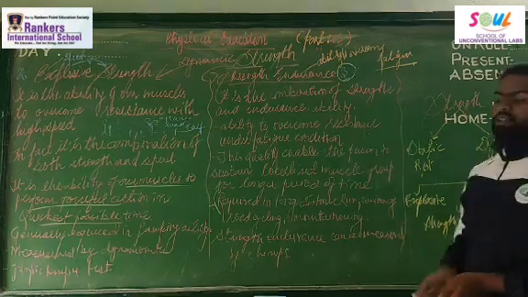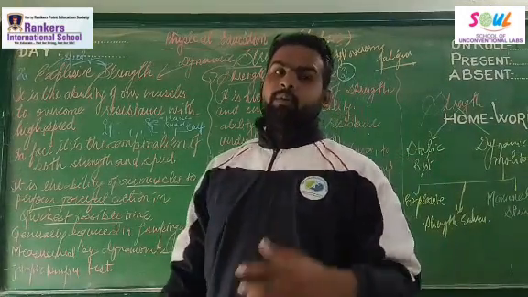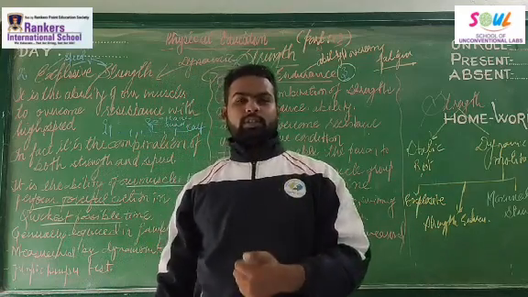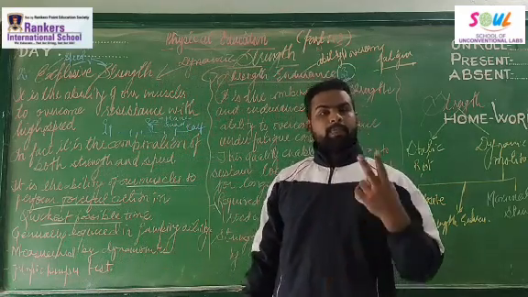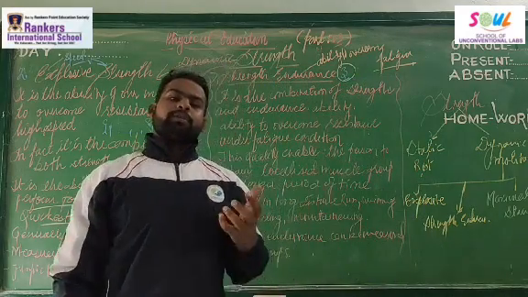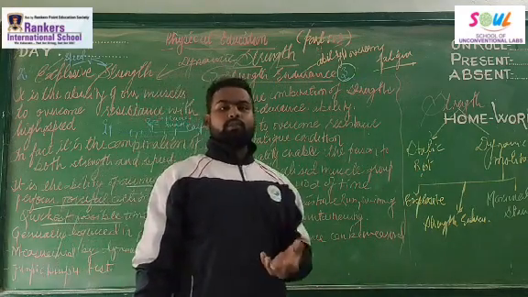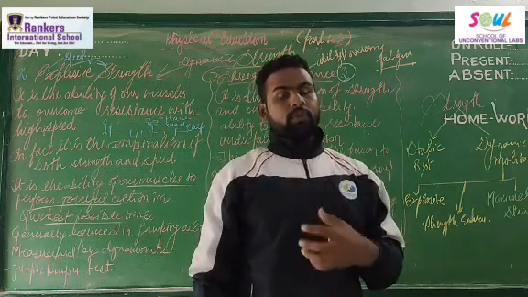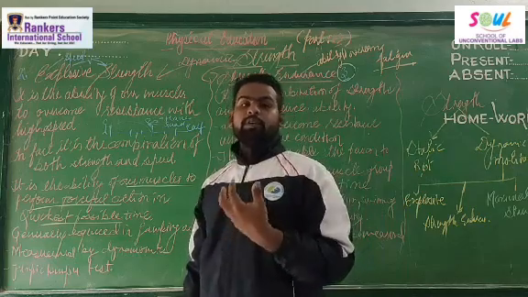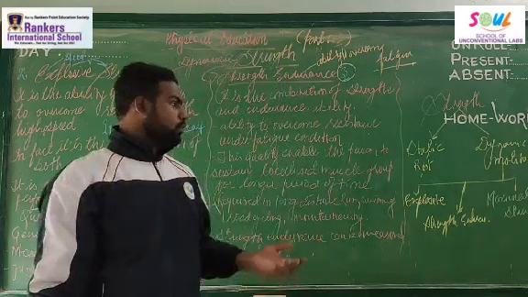So I hope you understand what exactly strength is, what the types of strength are, and what the types of dynamic strength are. Strength is the ability to overcome resistance. There are two types of strength: static strength and dynamic strength. Static means to exert force against resistance in a single position. Dynamic means to exert force whenever the body is moving, in motion.